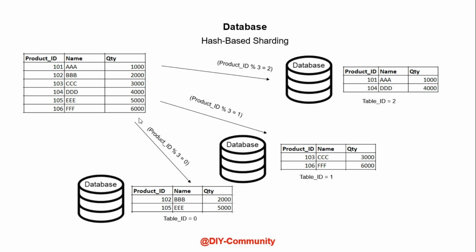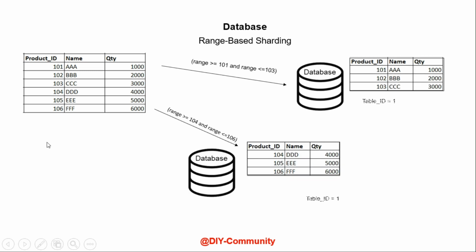Similarly, if the data results in modulus 0, then all those records with modulus 0 will be stored in this particular database. So there is no confusion. Every time a new record comes, and if the product ID gives either 0, 1, or 2, it will be automatically redirected into that particular database.